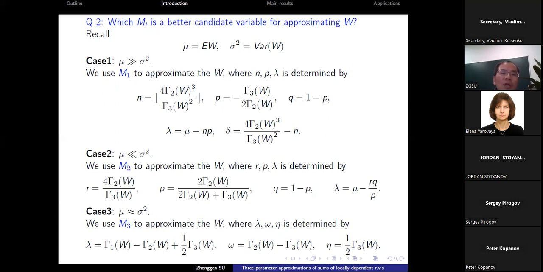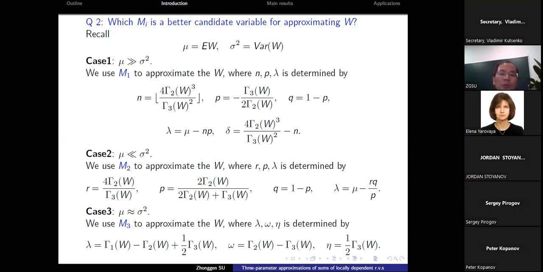If the first moment of W is bigger than sigma square, we would rather use M1 to approximate W. If mu is smaller than sigma square, we would rather use M2 to approximate W. If mu is roughly equal to sigma square, we would rather use M3.